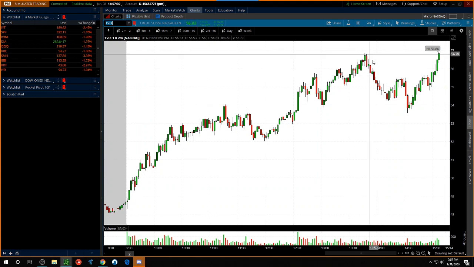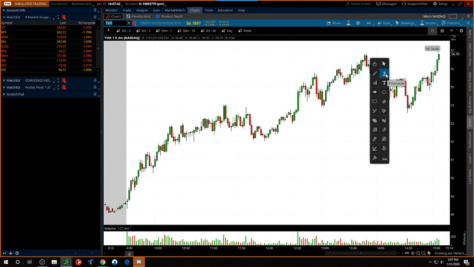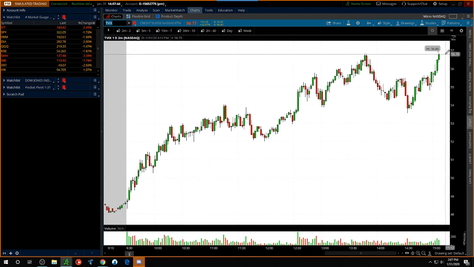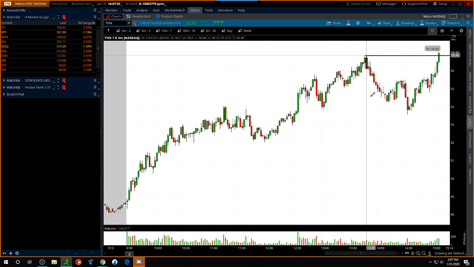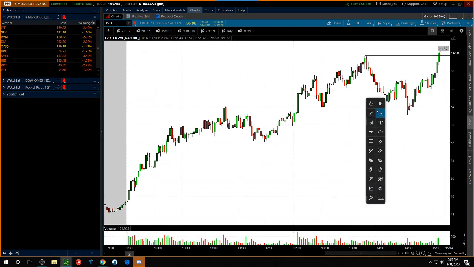What do you guys think? Breakout or breakdown? Is this a head fake here? Looks like it's getting ready to set a new high of the day, which it just did. Are we looking for a breakout, fake out? Pull the trigger, go to new highs. It just hit a round number.